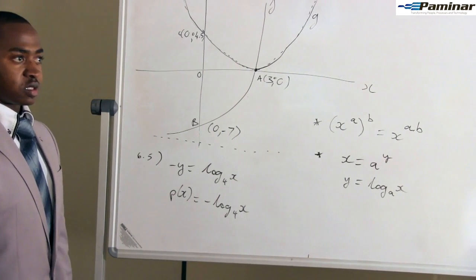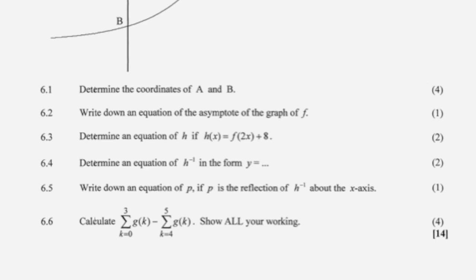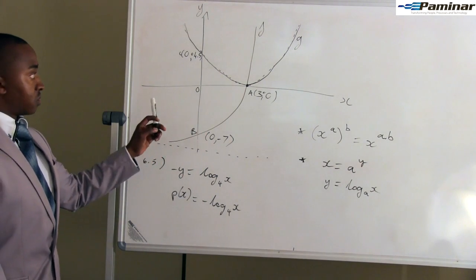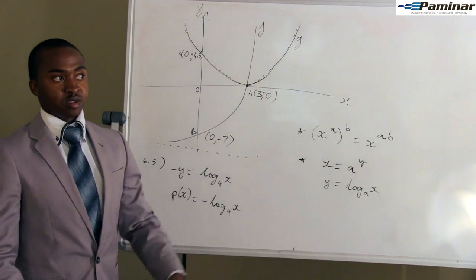Now let's take a look at the last question. It says calculate the summation of k equals 0 up to 3 of g of k minus the summation of k equals 4 up to 5 of g of k. As you can see, we're no longer working with f, we're now working with g.